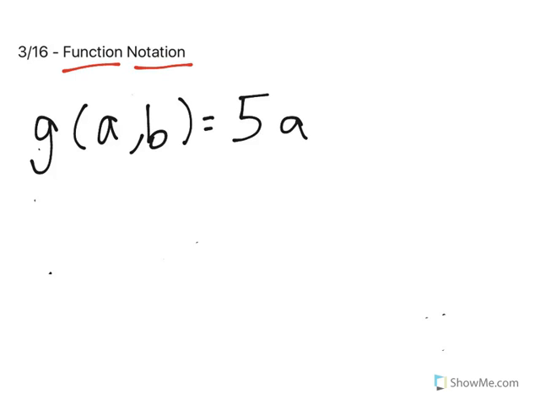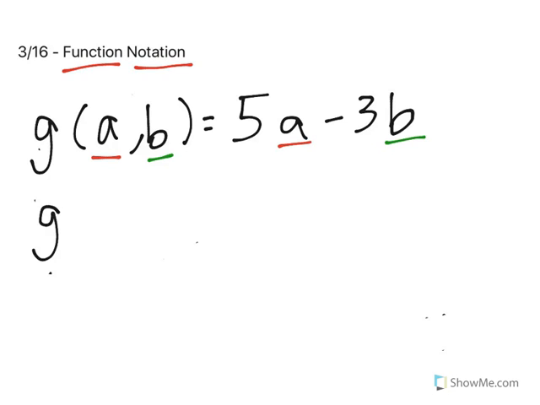This time we have g of a, b is equal to 5a minus 3b. So this time we have two variables. We have a and we have b.